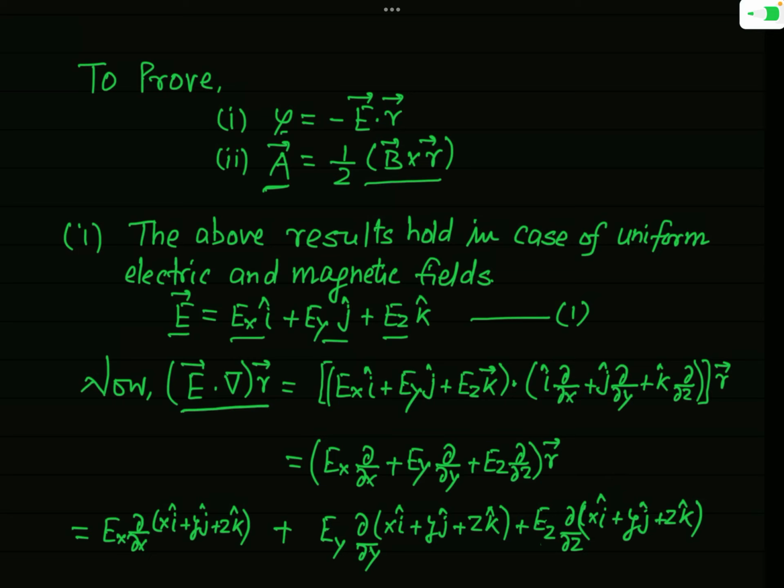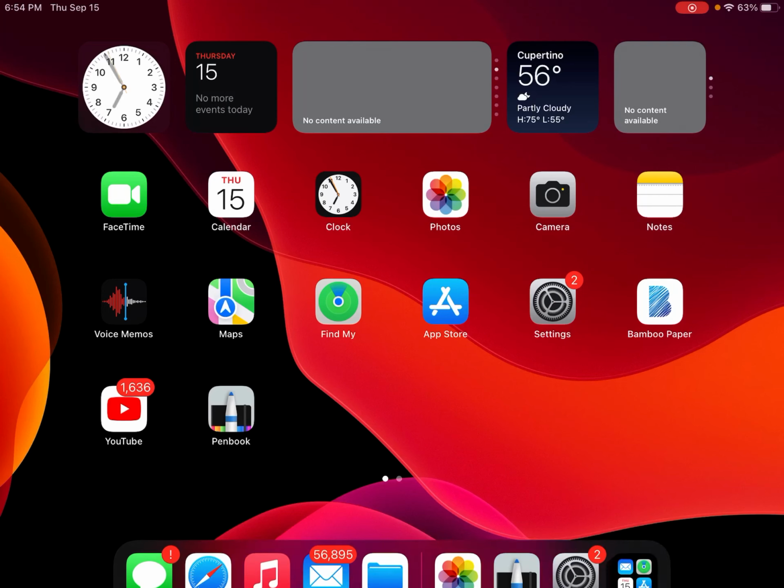This vector E can be expressed as Ex i plus Ey j plus Ez k, and dot del. Del is just a gradient operator. In Cartesian coordinates, instead of del you may write i del/del x plus j del/del y plus k del/del z, and this is operated on the position vector or radius vector R.